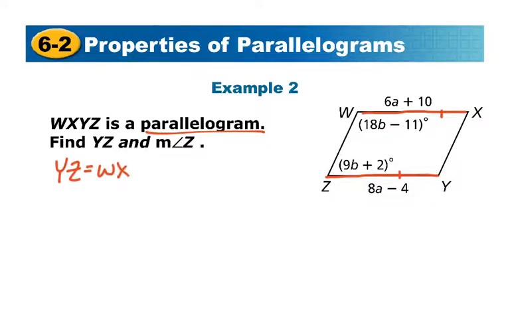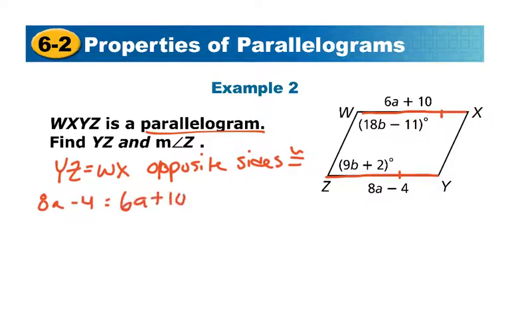Again, that's because opposite sides are congruent in a parallelogram. So that actually means algebraically that 8a minus 4 is going to equal 6a plus 10. To solve, we're going to put our a's together.